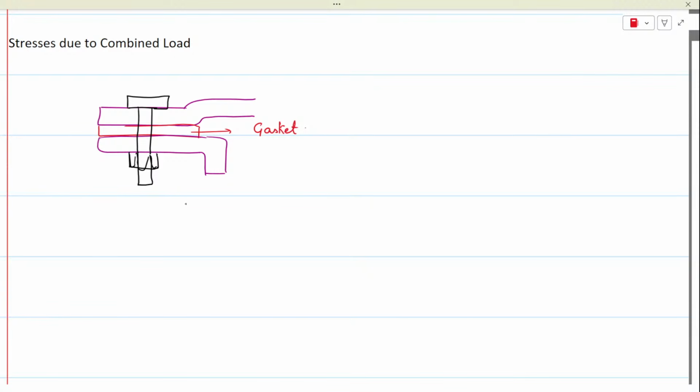In that case, the resultant load will be a combination of external load and initial load due to tightening.